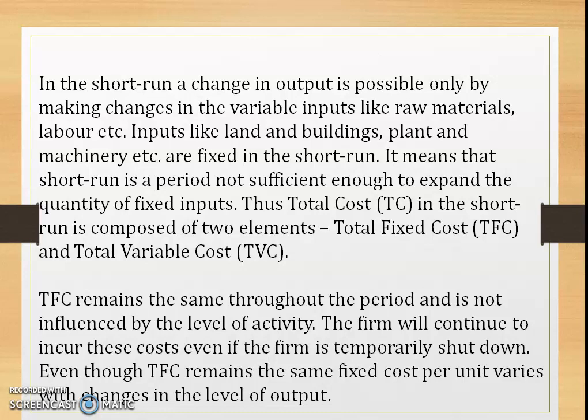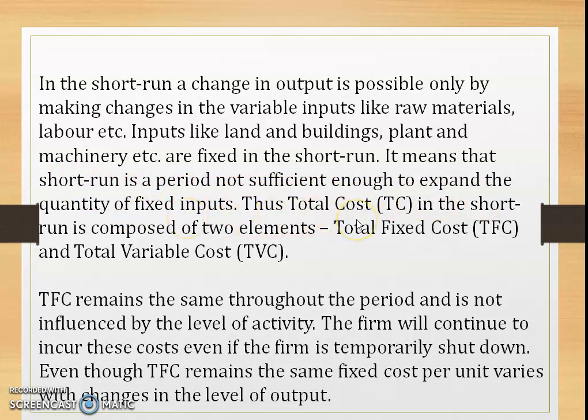Similarly, for the short run cost function also, raw material and labor are the variables. The rest everything is fixed. Land, building, and machinery, everything is fixed as far as the short run case is concerned. It means that the short run is a period not sufficient to expand the quantity of fixed input.